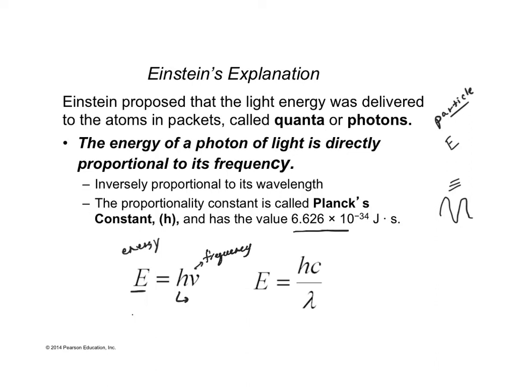All right, so if we know the relationship between energy and frequency, then we can also derive a relationship between energy and wavelength, because frequency is equal to c over lambda. If we plug that in, we get a relationship that relates energy to wavelength. So remember, lambda is wavelength.